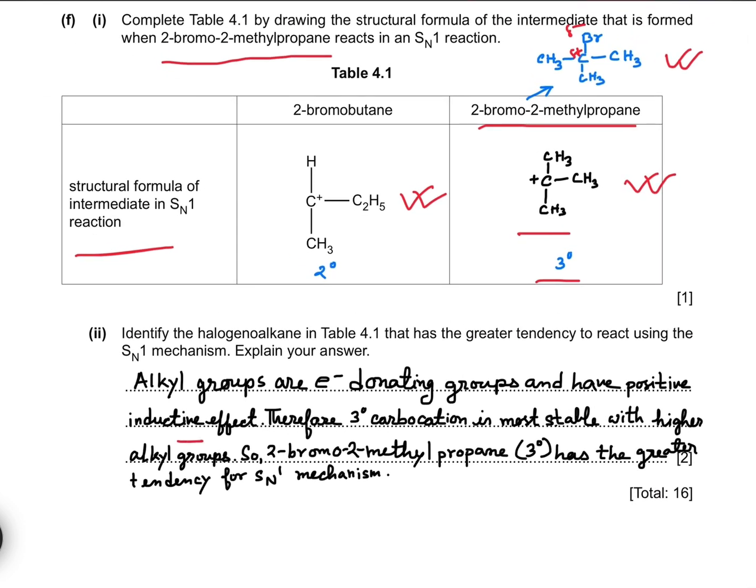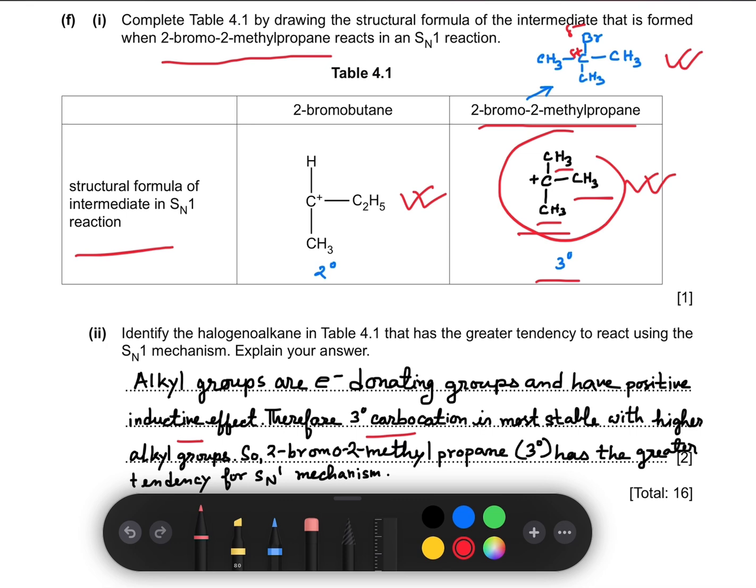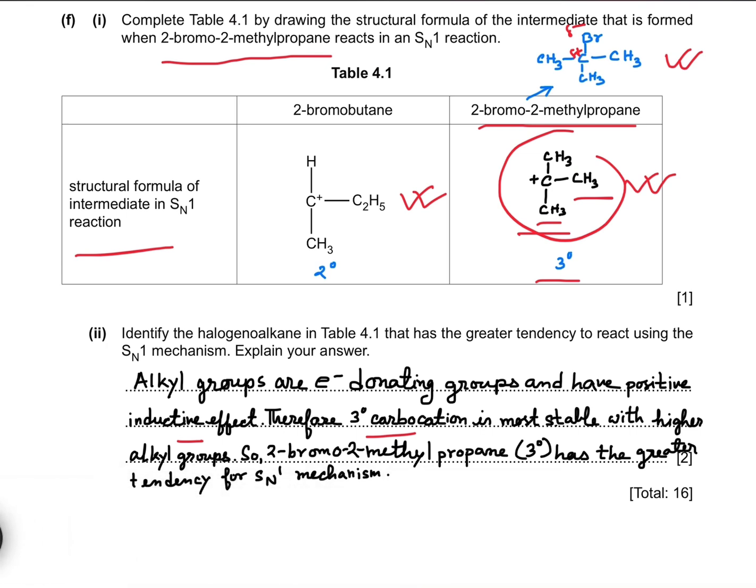Therefore, the 3-degree carbocation will have more alkyl groups; here you can see it has 3 alkyl groups attached to the positively charged carbon, and for the 2-degree there are 2 alkyl groups. So the 3-degree carbocation is most stable with a higher number of alkyl groups. So we can say that 2-bromo-2-methylpropane, which forms a 3-degree carbocation, has the greater tendency for the SN1 mechanism. And that's all. Thank you.